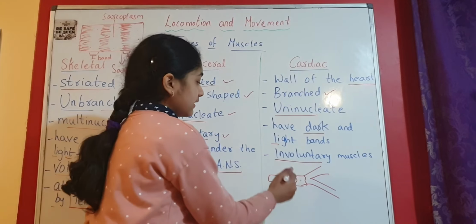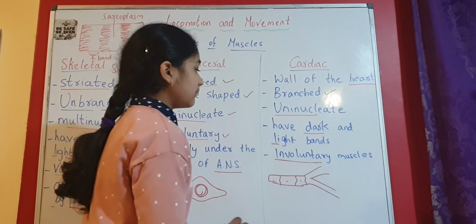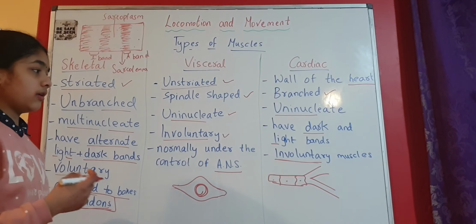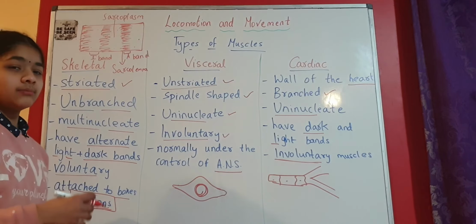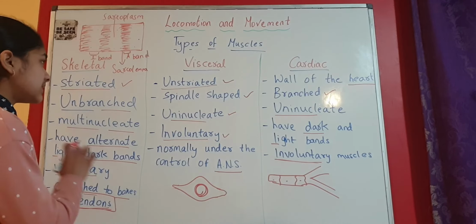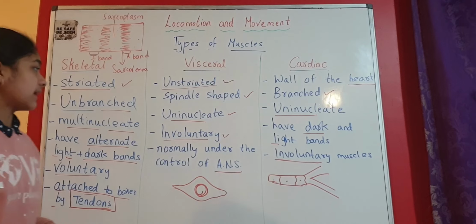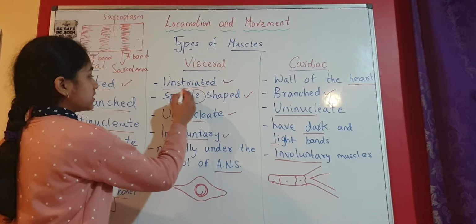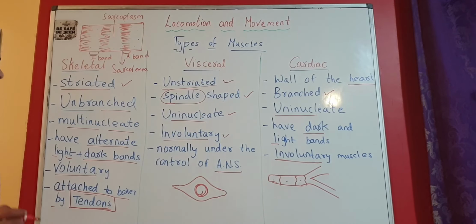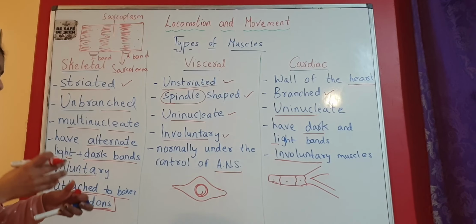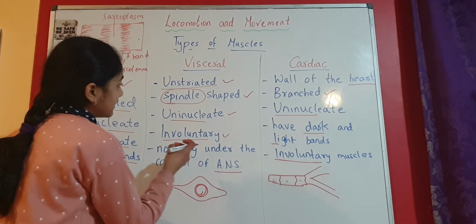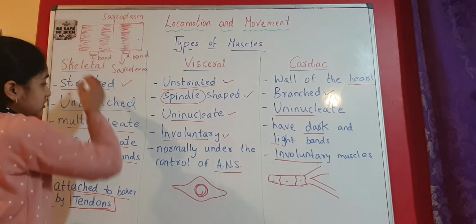So coming back here, it is involuntary. Involuntary means again it's not under the control of our will. We can't stop the beating of our heart. So these are the three types of muscles: skeletal, visceral and cardiac. These visceral muscles are spindle shaped. That means they are not in a rectangular shape like this.